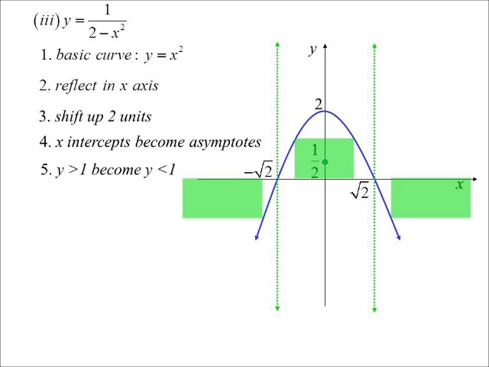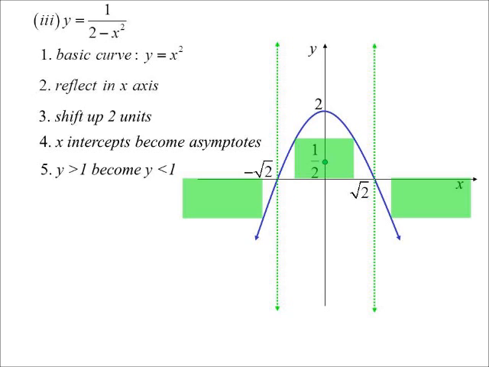Now, somewhere there's a y value of 1. So I've just put a box here to say, look, for these x values, they all ended up having, originally, a y value bigger than 1. So my new graph will have a y value smaller than 1. So my new graph will be somewhere in that green rectangle that I've just drawn. And I can do the same underneath.